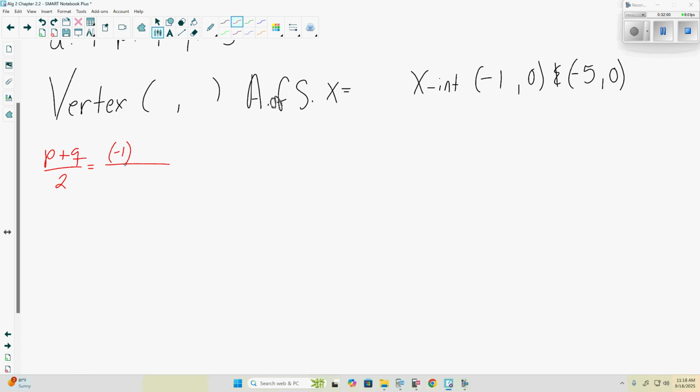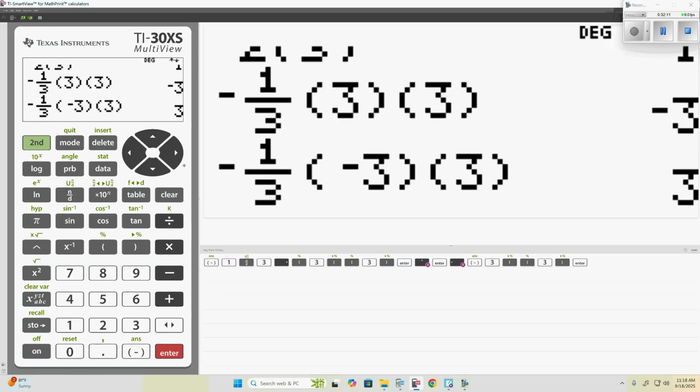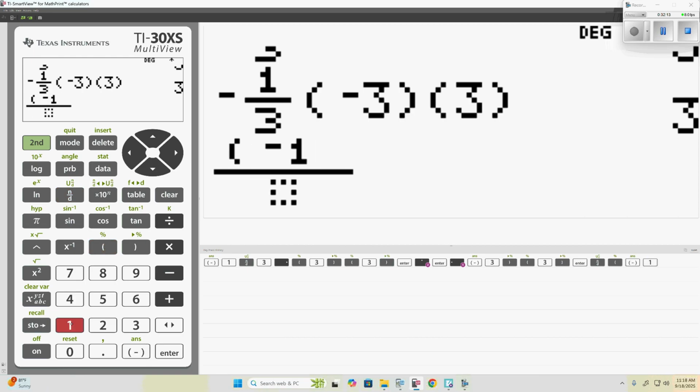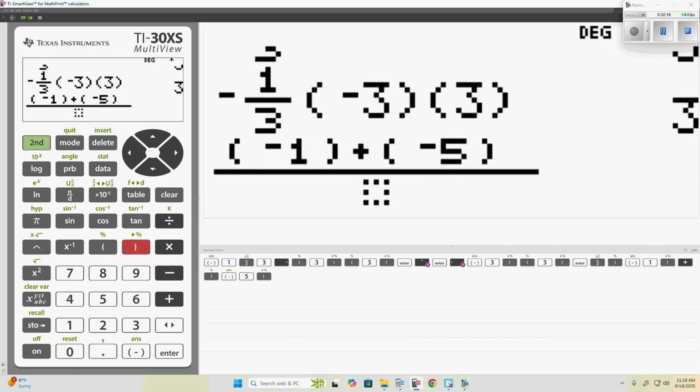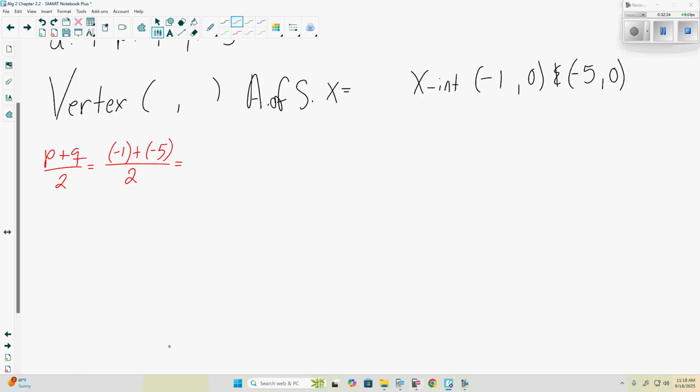So in this case, we'd have -1 plus -5 over 2, yes? -1 plus -5 over 2 is indeed -3, because -1 plus -5 is -6, and -6 divided by 2 is -3. So we get the x value of the vertex, and we get the equation for the axis of symmetry, x equals -3.